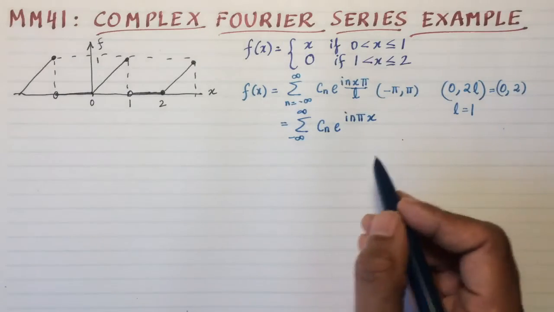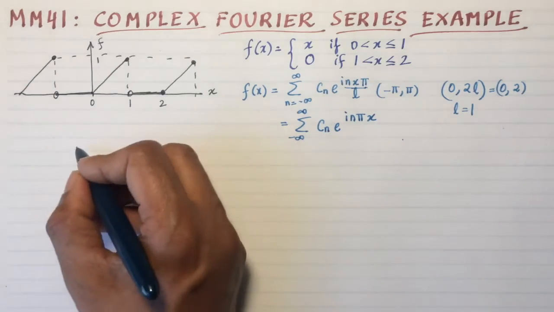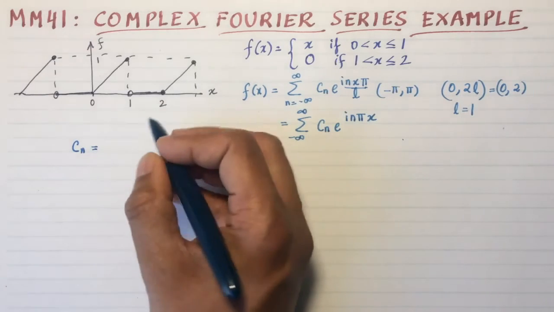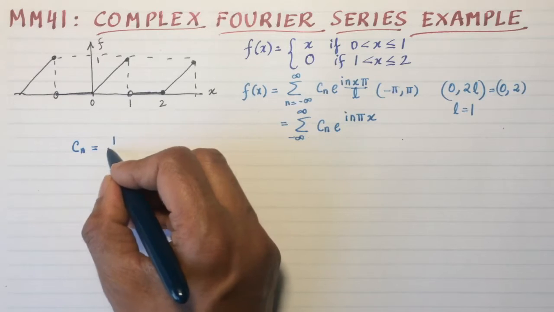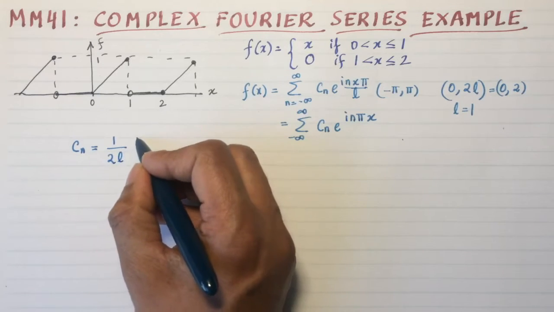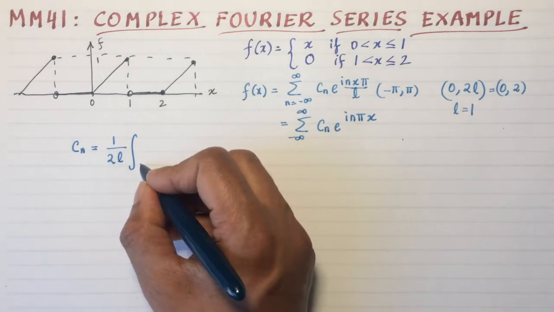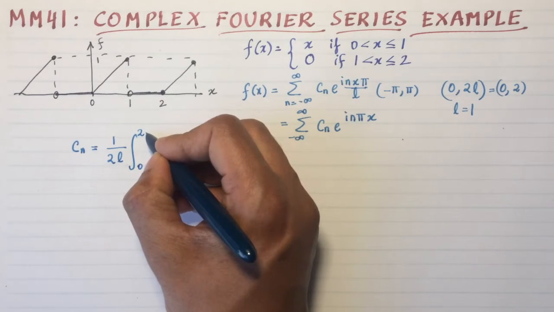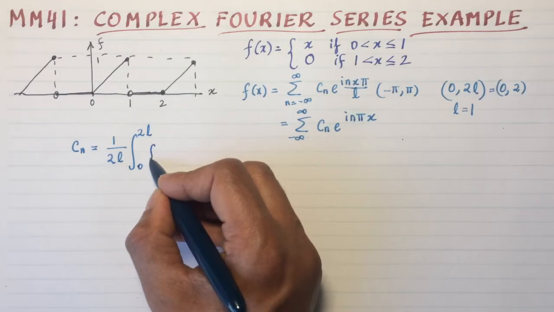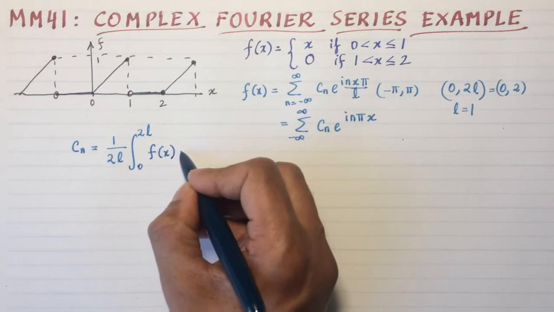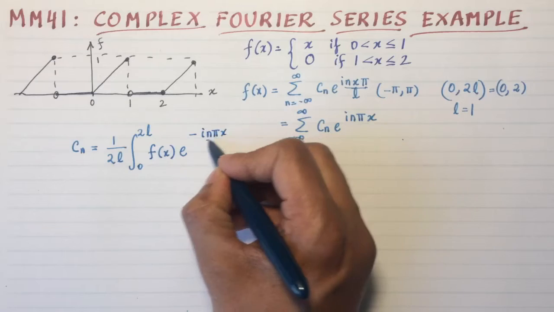This part is really important for you to figure out, the normalizations, before you start. The Cn's themselves can be got by finding the Fourier coefficients. That can be done by using the formula 1 over 2L, but since it's going from 0 to 2L, I take the integral from 0 to 2L of f of x e to the minus i n pi x over L dx.